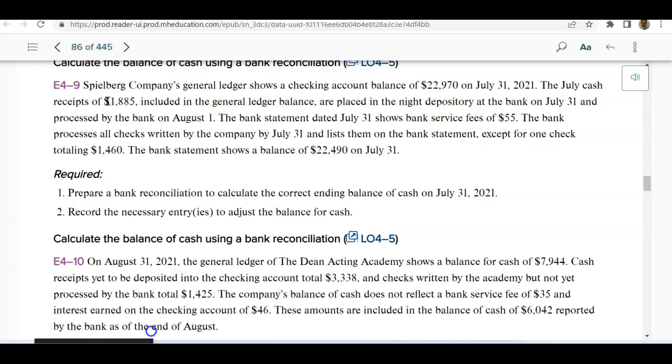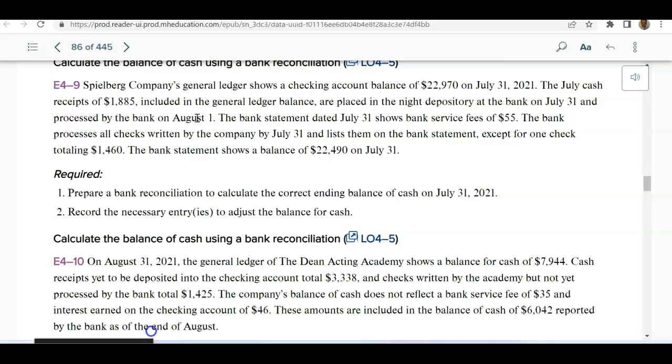Deposit in transit means a deposit that you recorded, you deposited already, but the day of deposit was the last day of the month, after hours, and that means your bank still is not updated for that transaction.